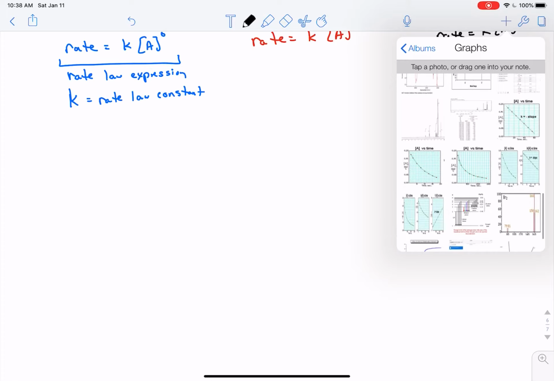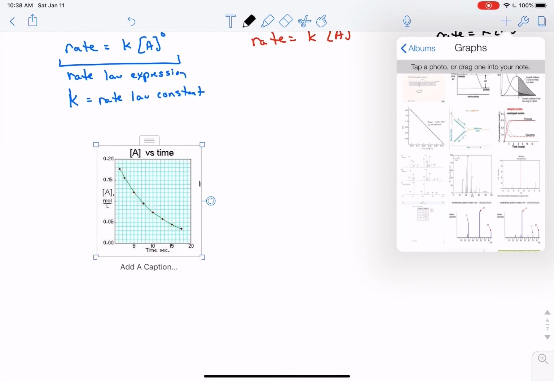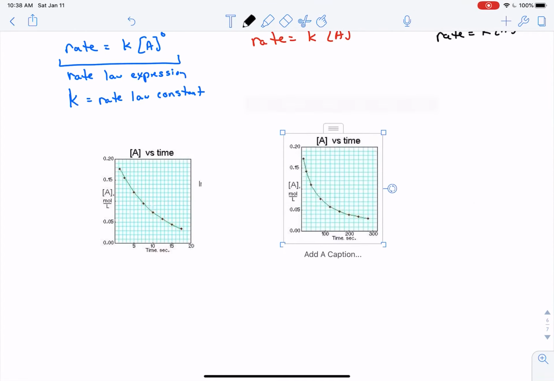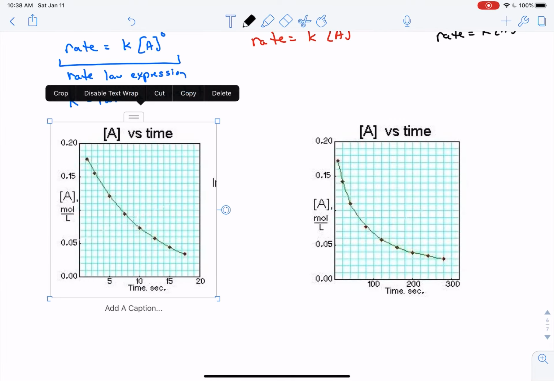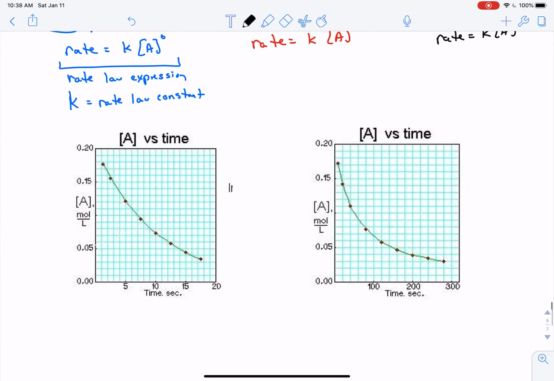Oh, here it is. Okay. First order graph versus second order graph. This is first order on the left and second order on the right.